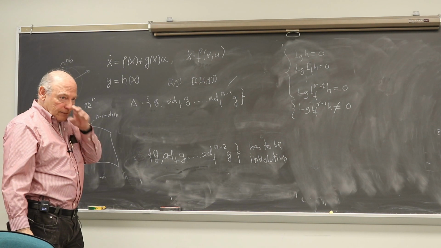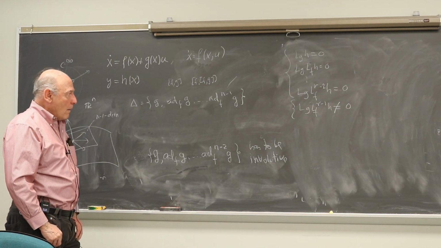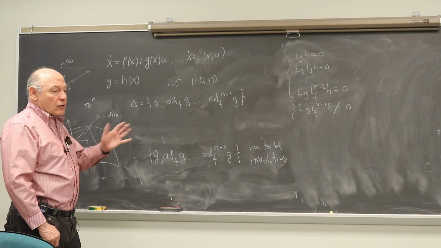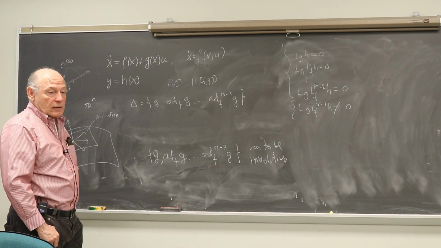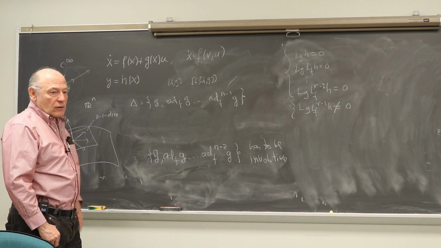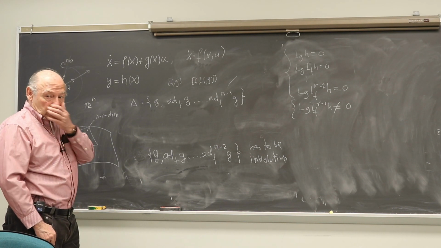So if those two conditions are met, then there's the H that exists to satisfy this condition. That sort of partially integrates the vector fields, but you have left n minus r dimensions which are not accounted for in the approach.